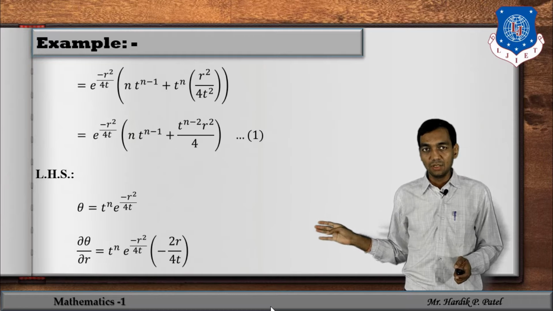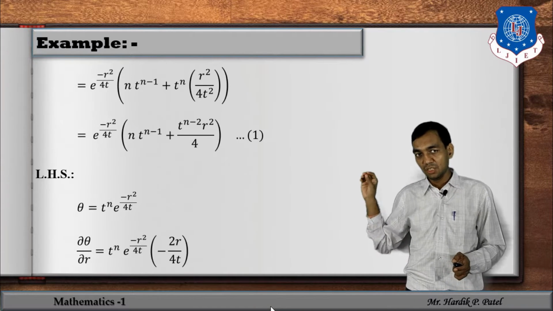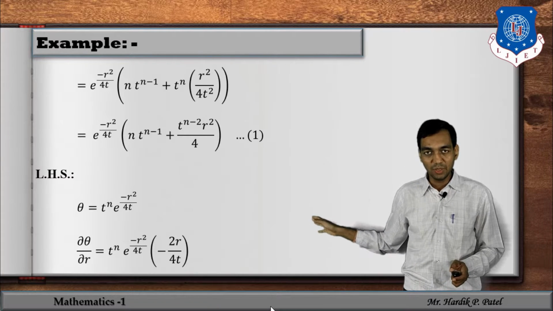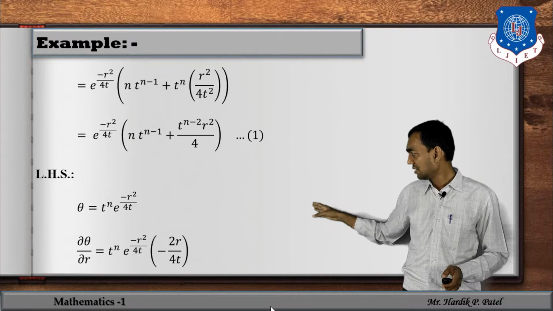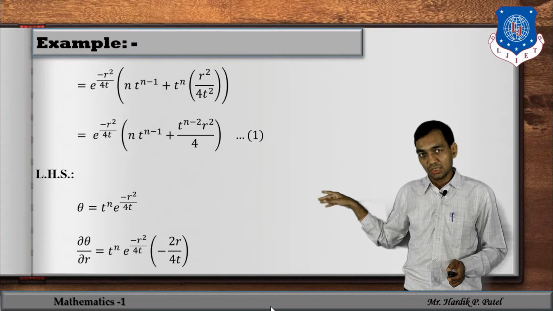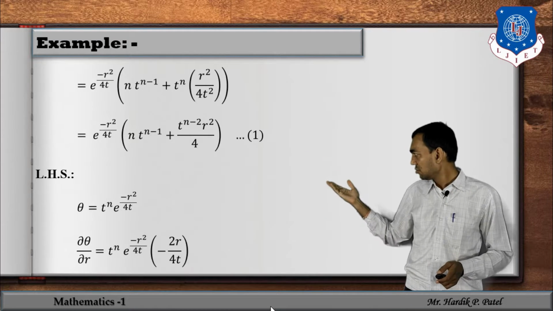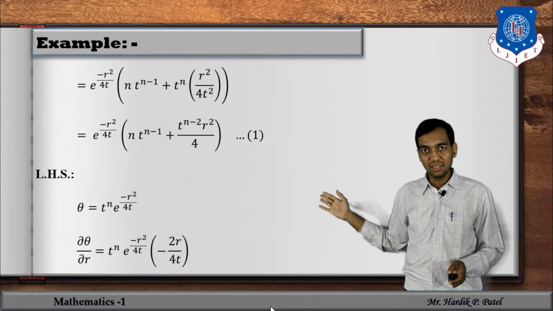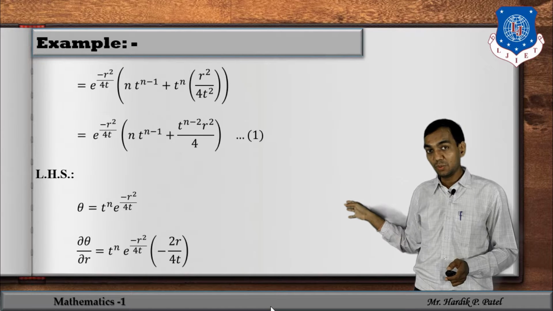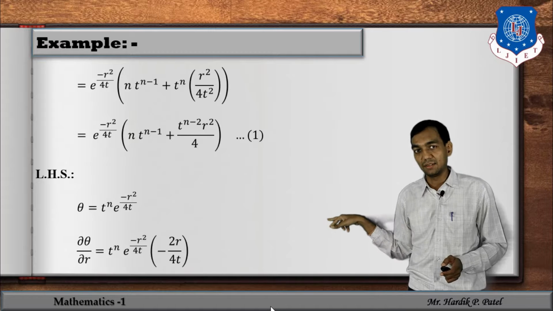For the left hand side, first we differentiate θ with respect to r. We start with the innermost bracket, which has the value r² ∂θ/∂r. So first we find ∂θ/∂r. Differentiating with respect to r, t^n is treated as a constant, and e^(−r²/4t) has the derivative e^(−r²/4t) into the derivative of −r²/4t with respect to r.